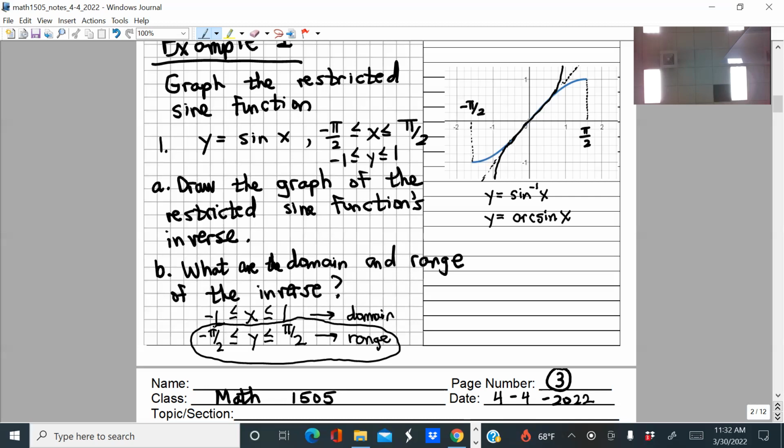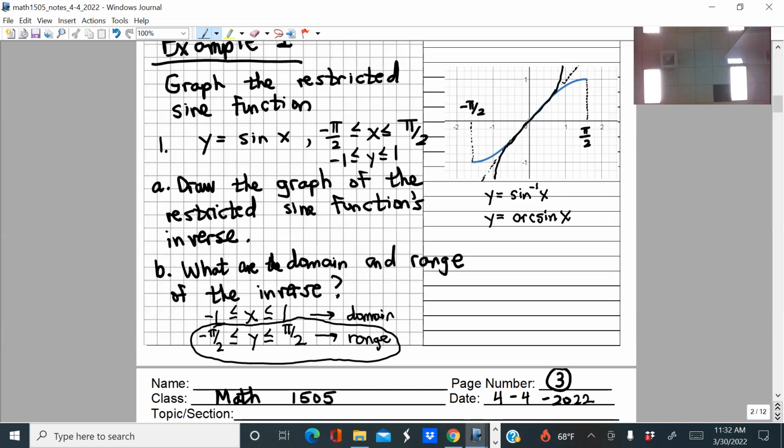So when you're using the inverse sine function, what number can you put into the function? Anything between -1 and 1. That's the domain of the inverse sine function. What do you get out as an output? Something between -π/2 and π/2 only.